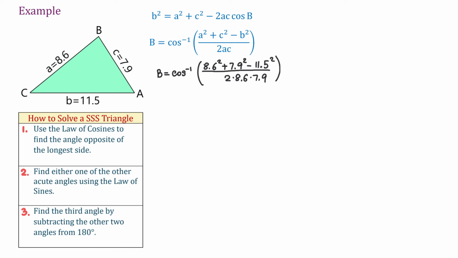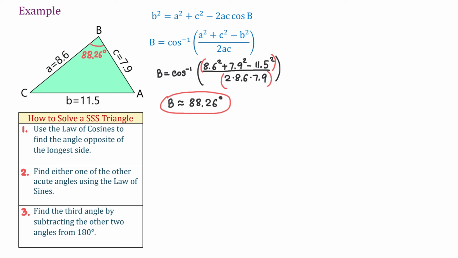Now, depending on the calculator model you're using, you might need extra parentheses around the numerator and around the denominator. Also make sure that the calculator is in degree mode, then B will be approximately 88.26 degrees. So we found angle B, and it is 88.26 degrees.